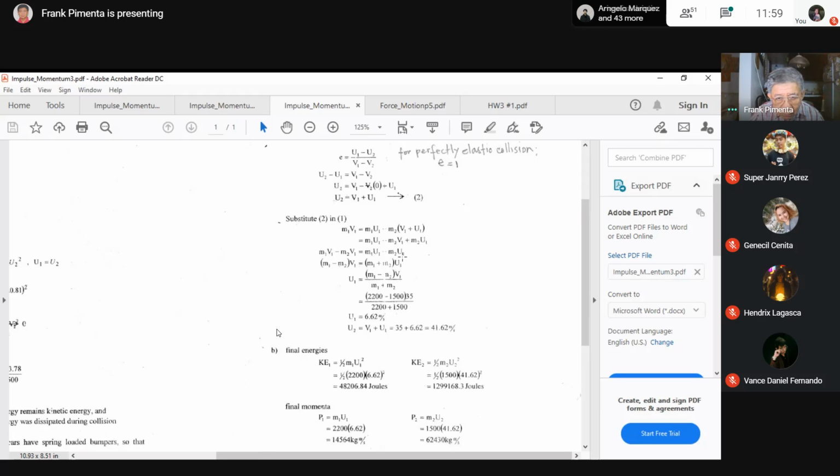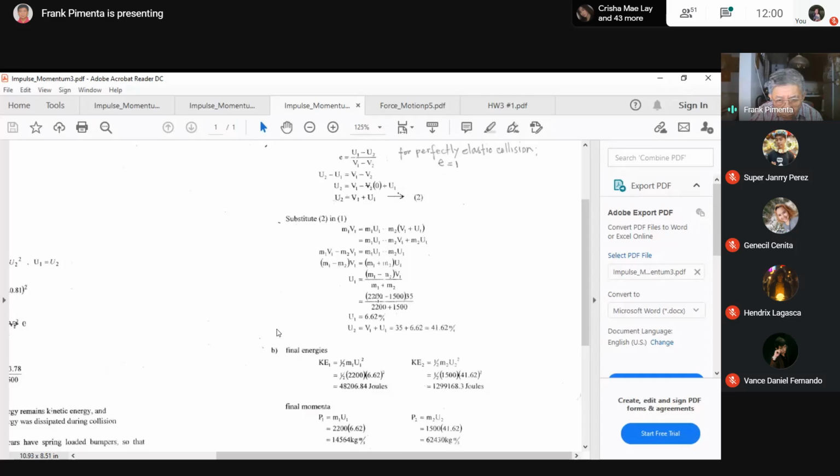Because that U2 is substituted by this B1 plus U1. So we have the final equation now for U1 equals M1 minus M2 times B1 divided by M1 plus M2.